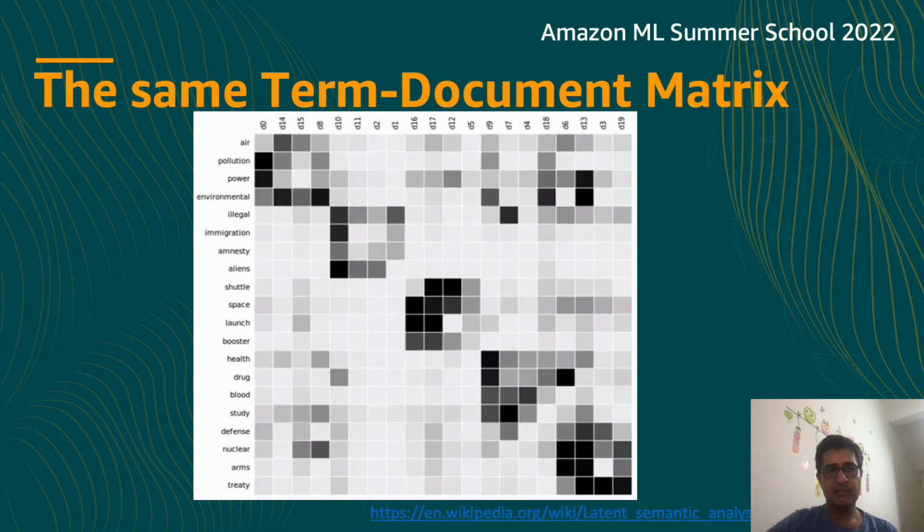Whereas there are other documents which are talking about another topic, and so on and so forth. So in general, this allows you to represent the much larger term document matrix in terms of diagonal elements and be able to recognize if there is a substructure sitting there.